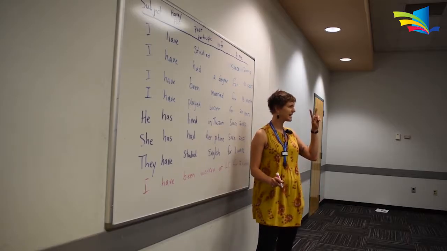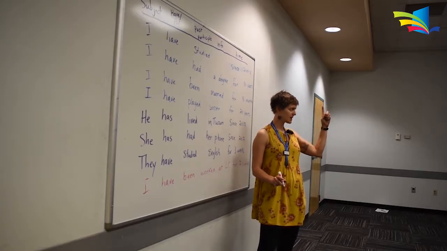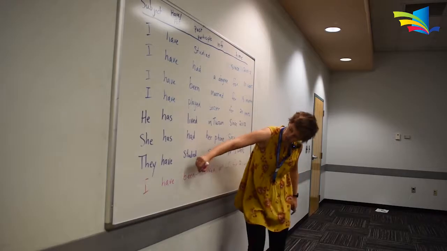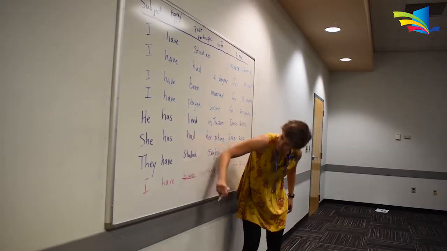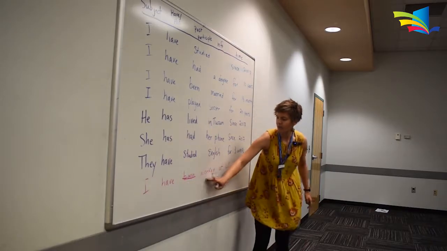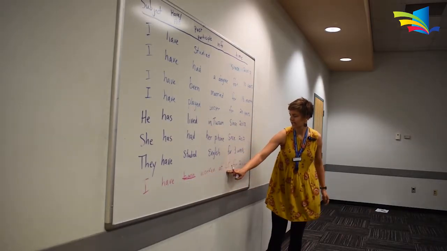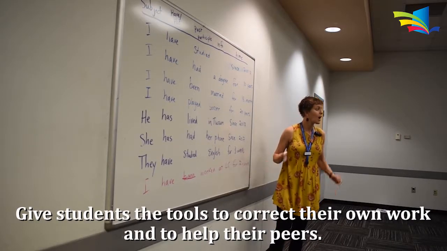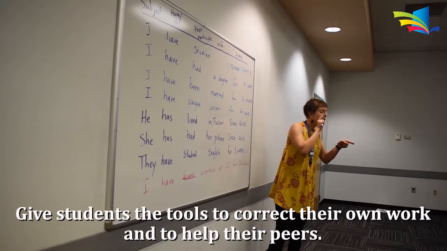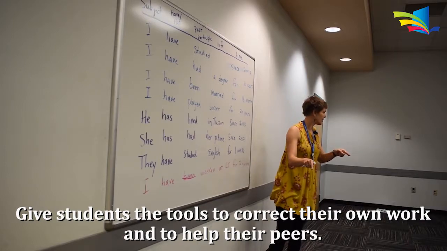We got 2 verbs. We only want 1 verb. So, we don't want that verb. I have worked at Literacy Connects for 2 years. Look at your yellow paper. Look at your neighbor's yellow paper and check.